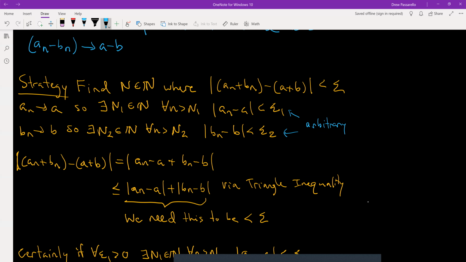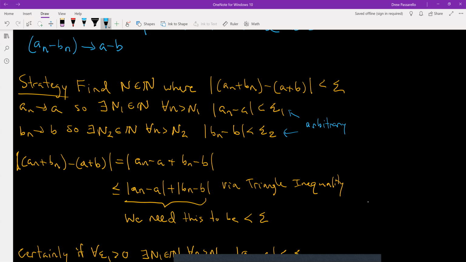All right, so that's knowledge that we have. Now, notice if we do the absolute value of a_n plus b_n minus (a plus b), we can rearrange it so it's a_n minus a plus b_n minus b.